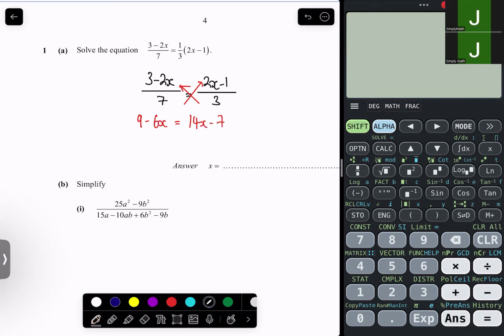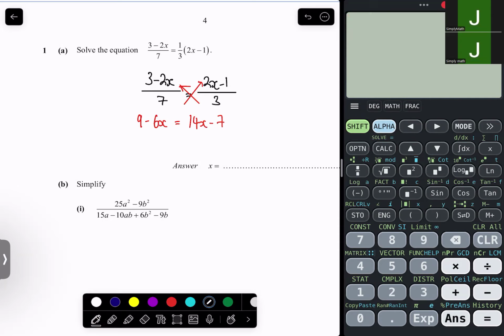All right. Now, bring the x to one side, bring the numbers to one side. Now, I know that some of you are used to having x on the left-hand side, but what I usually think about is I'm going to make the thing most comfortable to me, in the sense that I don't want to have negative. So 14x on the right is bigger than negative 6x on the left.